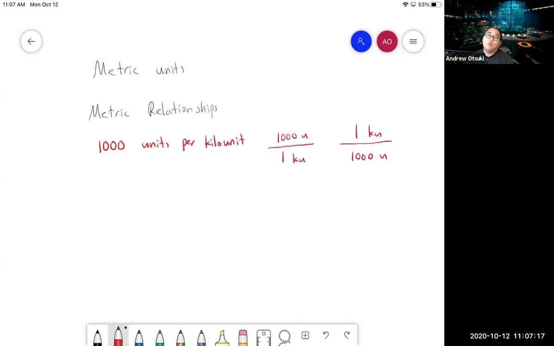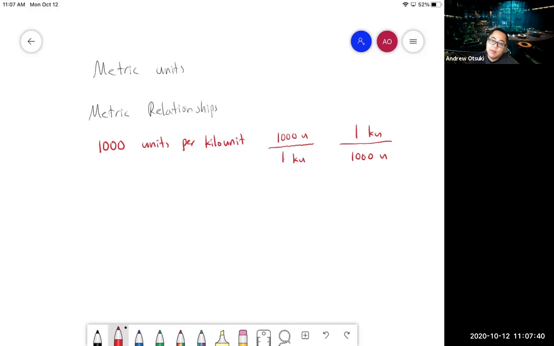And if I start with the unit that describes a bigger amount, say my kilo unit, then I should be multiplying by 1,000 to get more of the smaller unit.